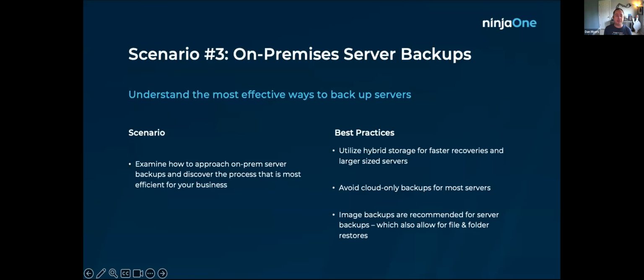I don't have a slide for this, but I would really encourage everyone to look up RPO and RTO: recovery point objective and recovery time objective. These are things that backup administrators should be reviewing for every client and every department they support. Recovery point objective says, how much data could I lose? How far back do I have to go in my backups so that my business can survive?